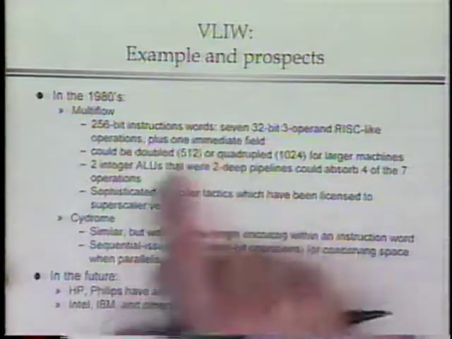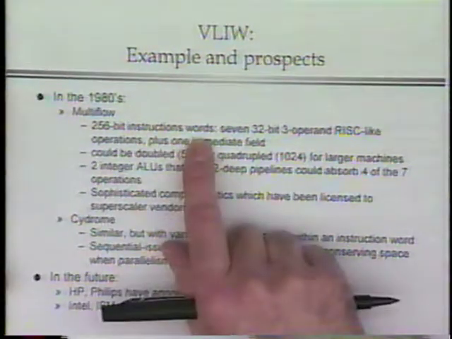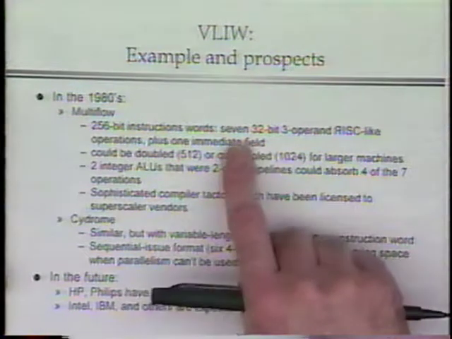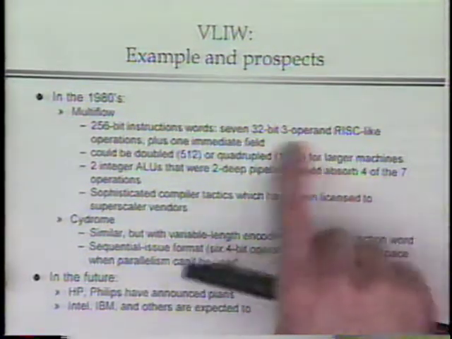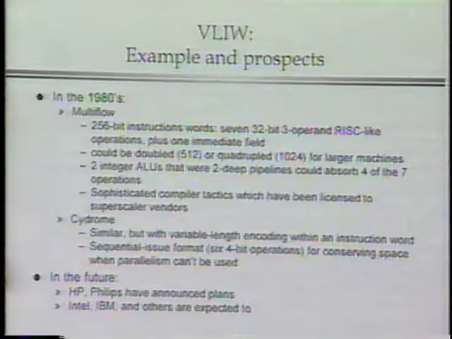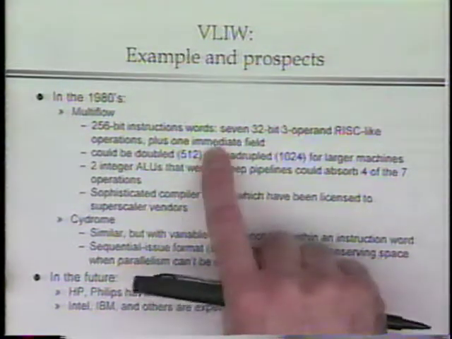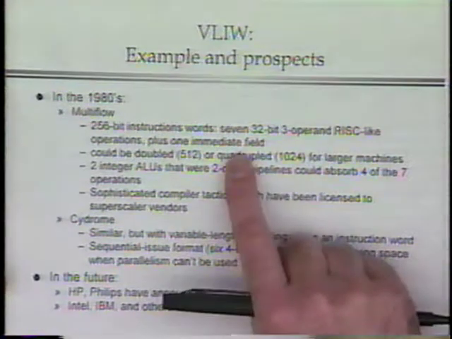Multiflow had one where they had 256-bit instructions, which contained 7 classical 3-operand RISC-like instructions encoded in 32 bits, except that they shared one immediate field, which was off at the end of the word.